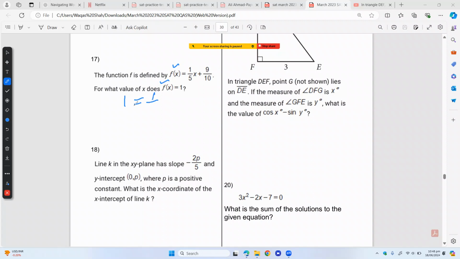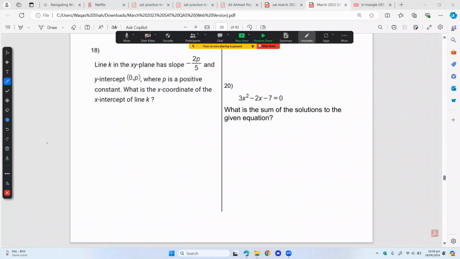So it will be 1 is equal to 1 by 5x plus 9 by 10, and then shift 9 by 10 to this side, so it will be 1 minus 9 by 10 is equal to 1 by 5x. If you take the LCM 10, it will be 10 minus 9, so it will be 1 by 10 is equal to 1 by 5x. If we shift 5 to the other side, it will be 1 by 2. Okay, so x is equal to 1 by 2. This is our answer.